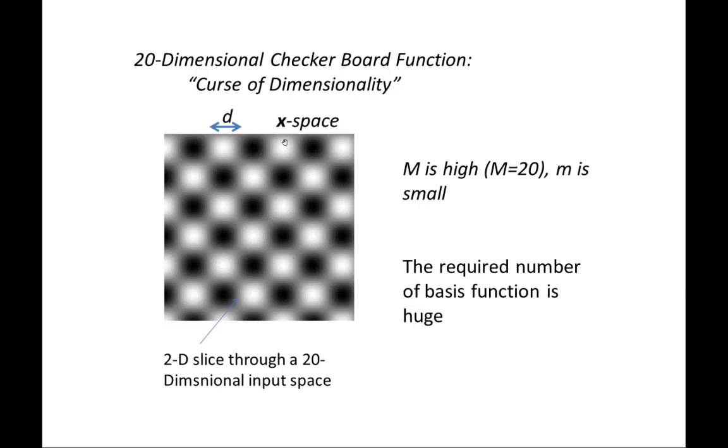Small m is low, because it's a very high frequency function, but a large m is high. So the required number of basis functions is in fact huge here. And this is the curse of dimensionality.